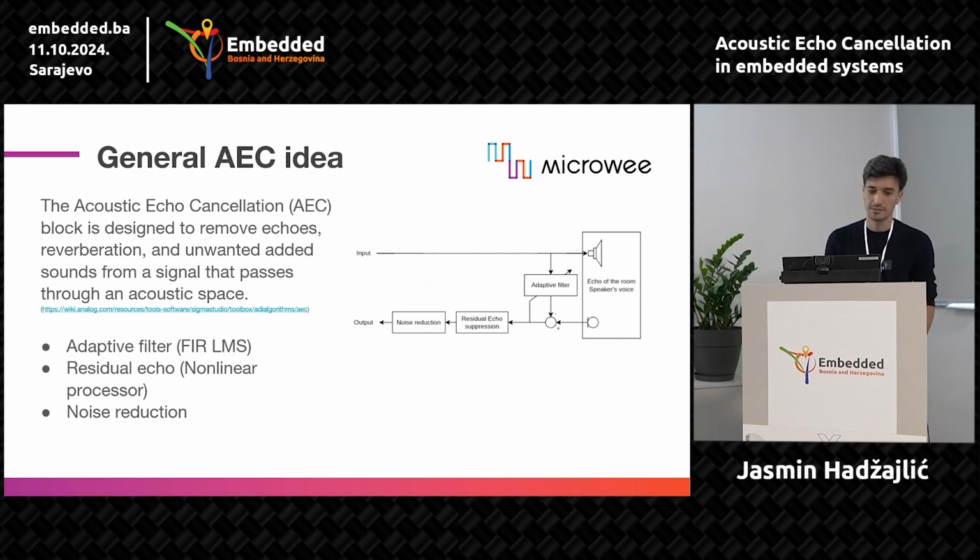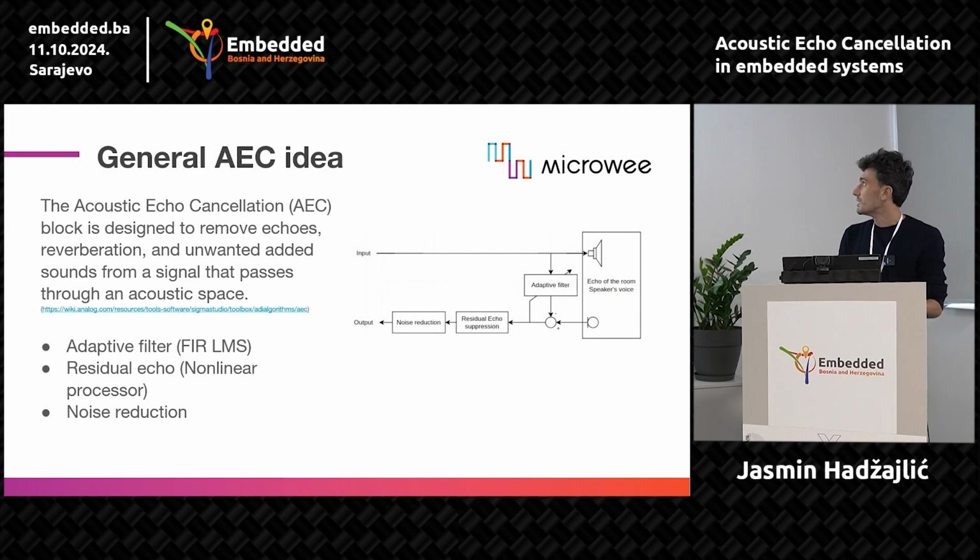Okay, so how do we do echo cancellation? I said that a room can be modeled as a nonlinear filter, and we are trying to make the same filter on our side. That's the adaptive filter here, and then we have the reference input. That's the reference signal that we pass to the speaker. We pass that through the adaptive filter, and then that gets subtracted from the microphone.